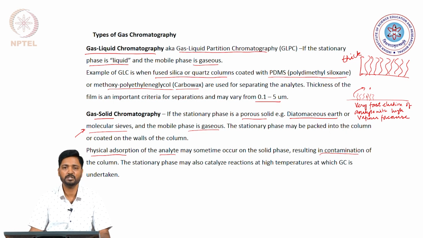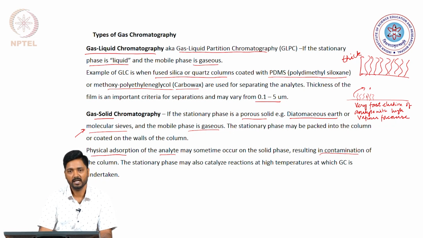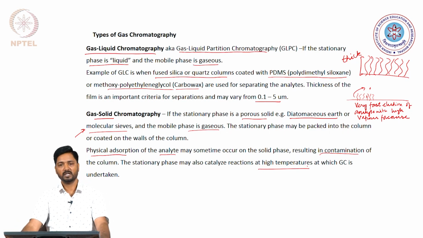Another key consideration with the solid stationary phase is that many of these compounds are inherently catalytic, especially at the high temperatures at which gas chromatography is undertaken. So we need to keep this aspect in mind when we are choosing a column for our chromatographic separations.